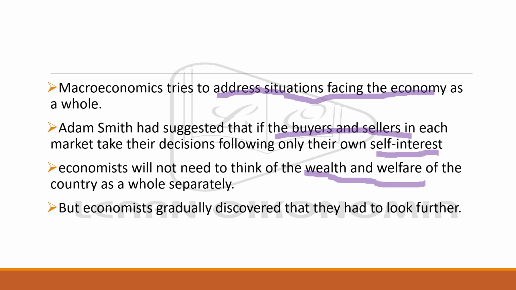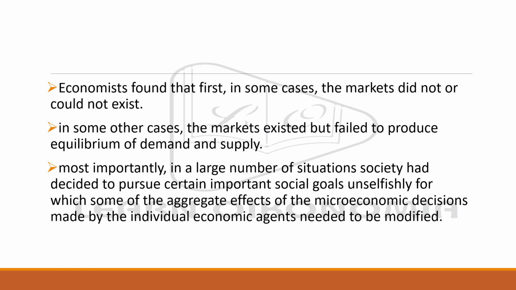But economists gradually discovered that they had to look further in order to understand our economy. Economists understood that in certain cases the market did not, or could not, exist. We know that it is demand and supply, known as the market forces, that influence our market conditions.